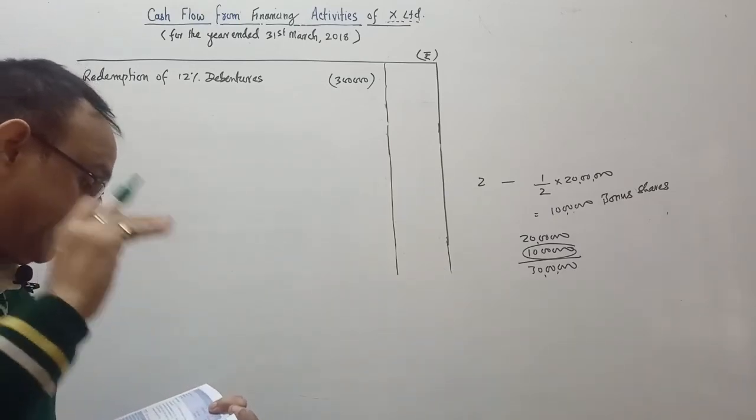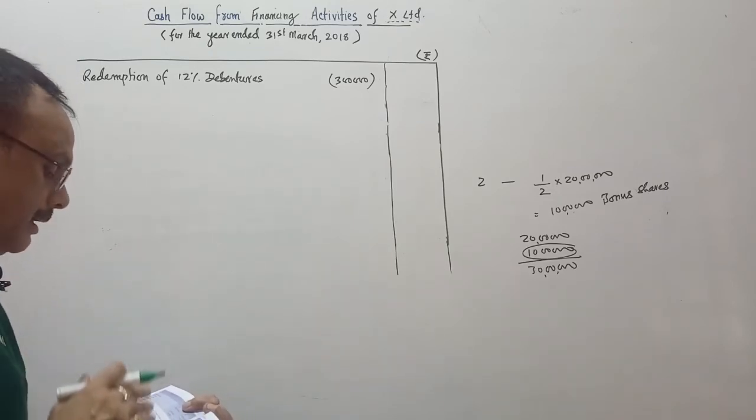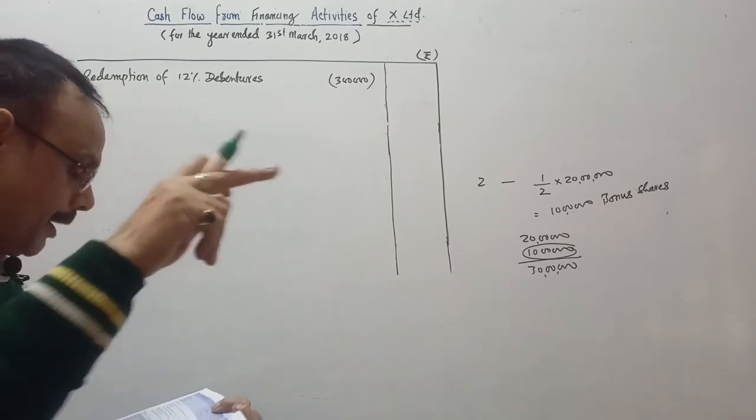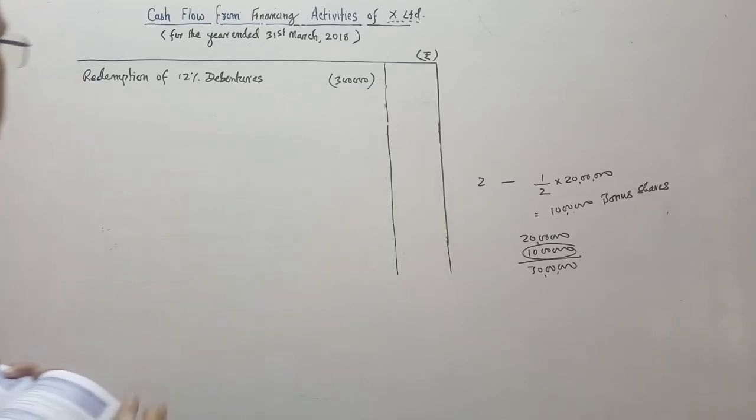Next is 10% debenture. Last year there was no debenture and this year it is 5 lakhs, which means issue of debenture. You again see point number 2: new 10% debentures were issued at a discount of 5%.